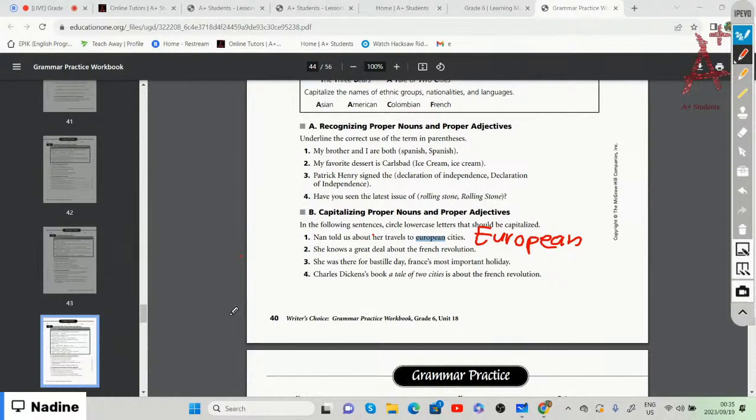So we are going to choose Bastille and Day as well as France's, and that needs to be capitalized. Charles Dickens's book, A Tale of Two Cities, is about the French Revolution. So, Tale, Two Cities.